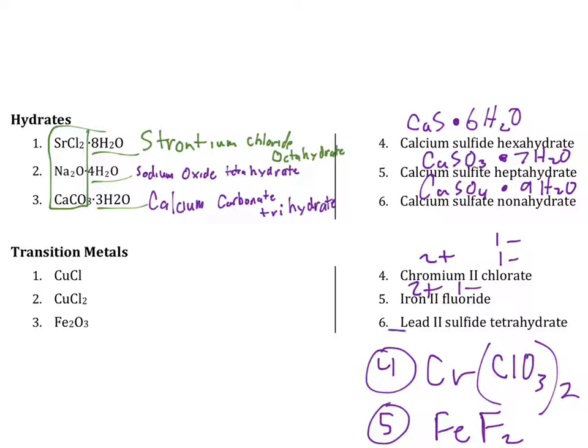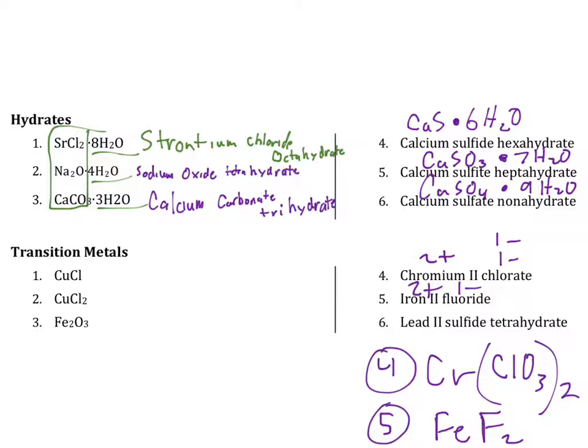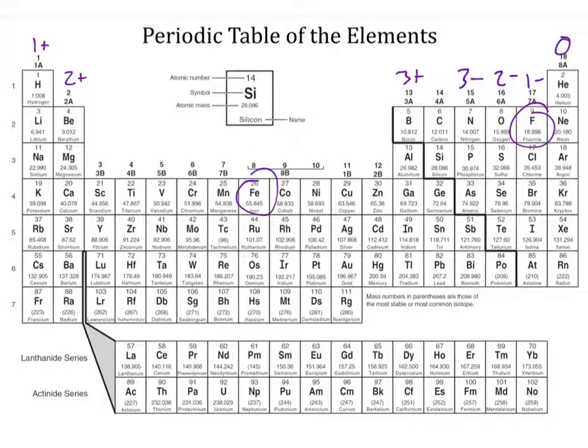All right, so this one's got a hydrate as well, so lead 2. If you take a look, lead is right here, and you would think that maybe it's a 4+, which it could make, but it also makes a 2+. So lead is a variable charge as well, and it tells us right there that it's making a 2+. Because it's ending in "ide," that means that it's a monoatomic ion, which means it's sulfide.